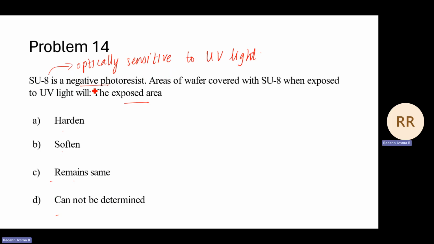So what happens with the negative photoresist? Negative photoresists are types of photoresist where the regions that are exposed to the light will harden and they will remain. Those regions will undergo a process called cross-linking, so they will not get dissolved in any organic solvent, whereas the regions which are unexposed will easily get dissolved in the solvents.